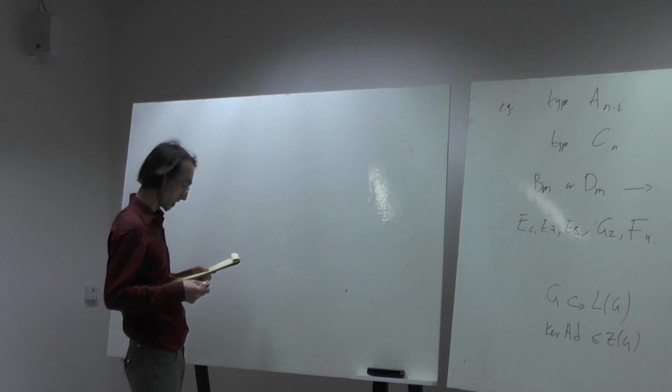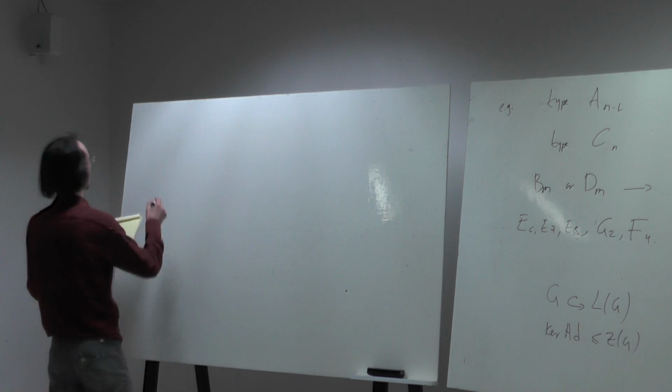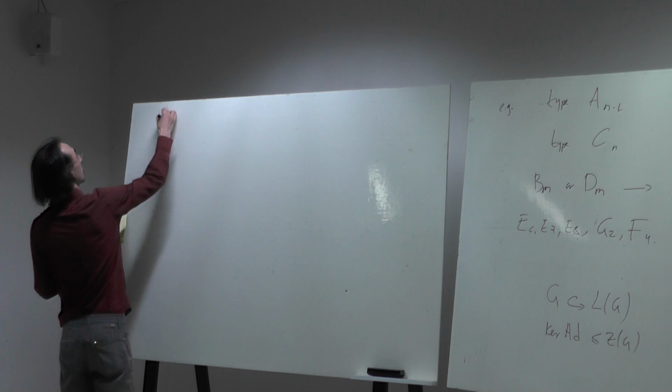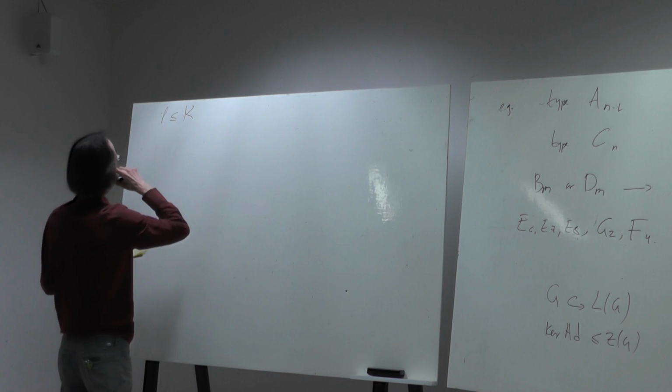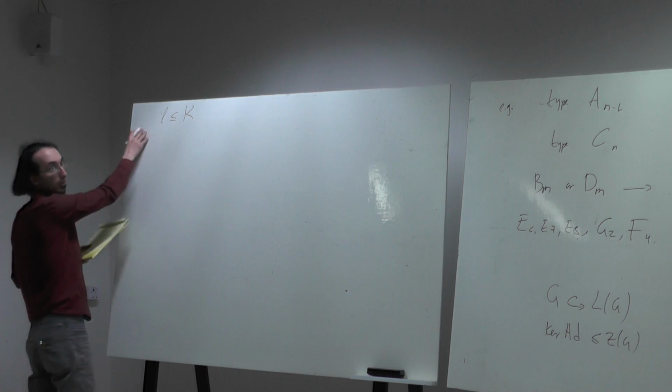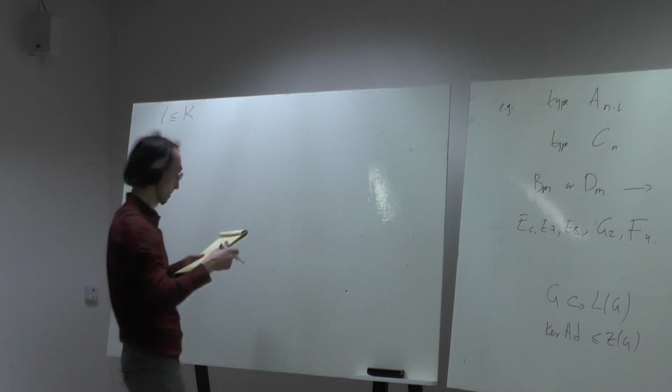But the situation could be very different when we consider now a small field, a subfield. Ideally, I'm thinking of this as an extension of the rationals, a very small field.